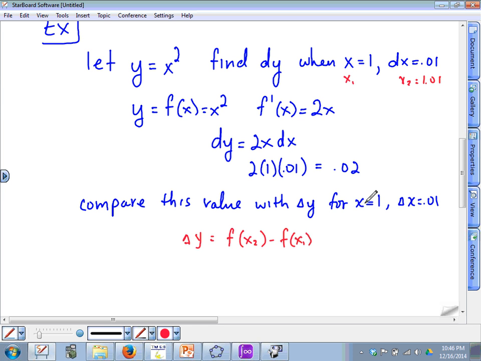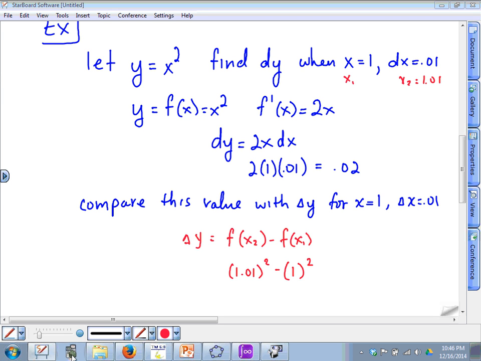Okay, x1 is the function of the x value you start with. x2 is a new x value given your change in x. So this would be, the function is x squared, so this will be 1.01 squared minus just plain f of x, which is 1 squared.